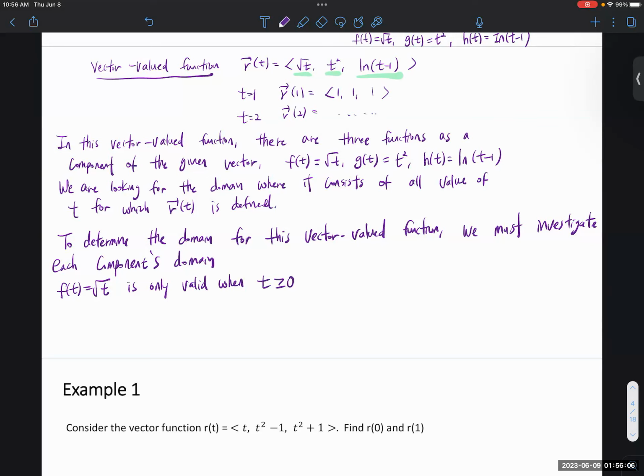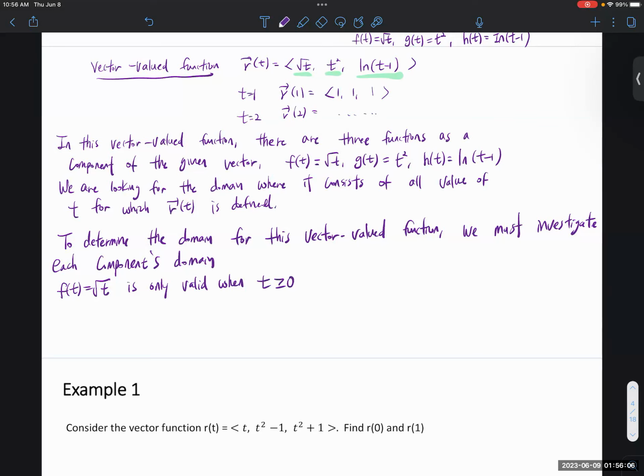So f of 1, g of 1, h of 1. If I plug in 1, this is a 0, this is a 2. As you see, the outcomes are changing depending on the input.